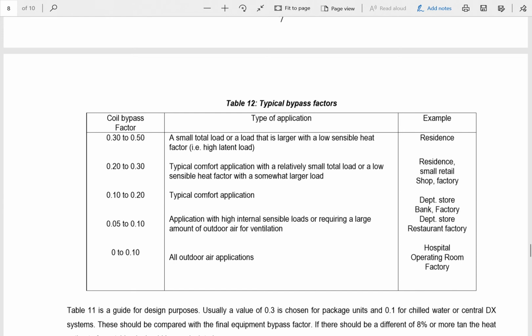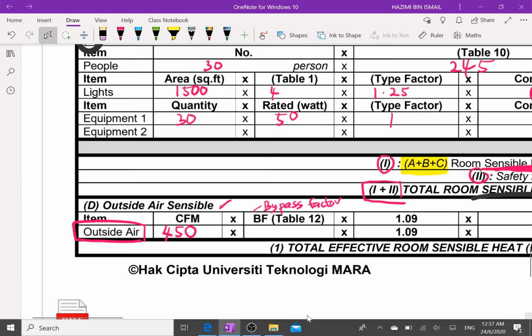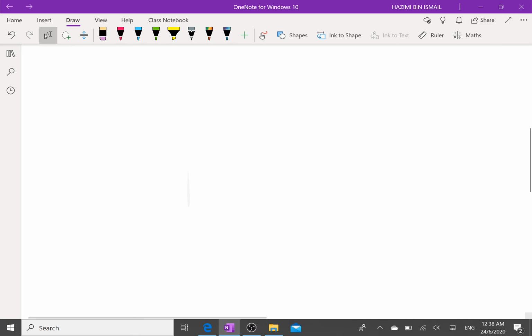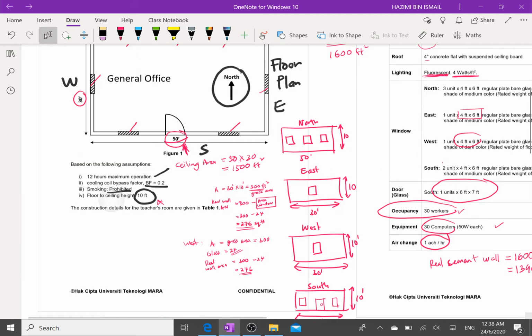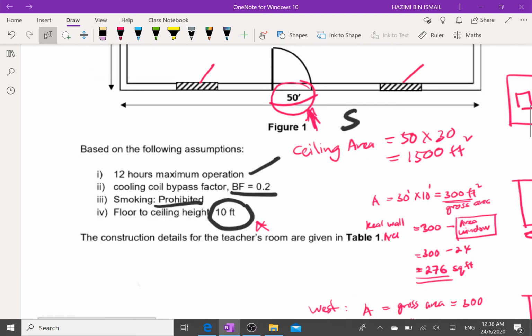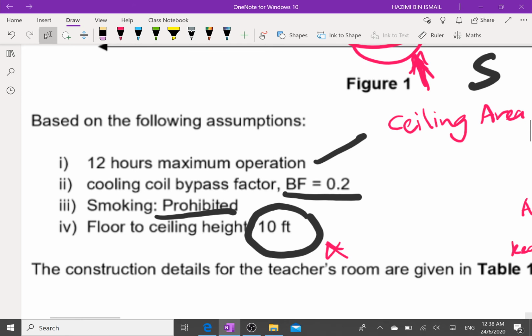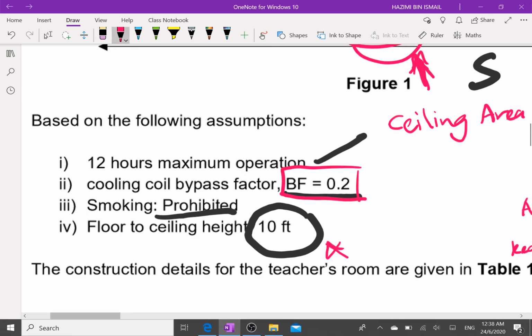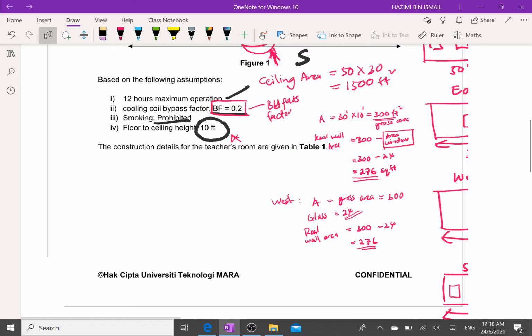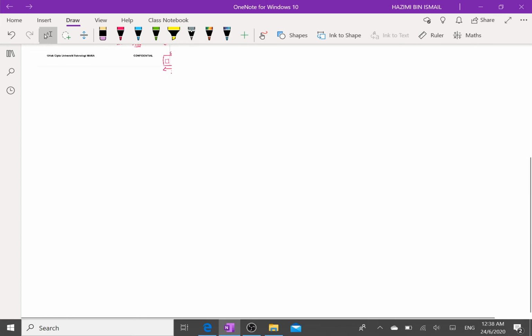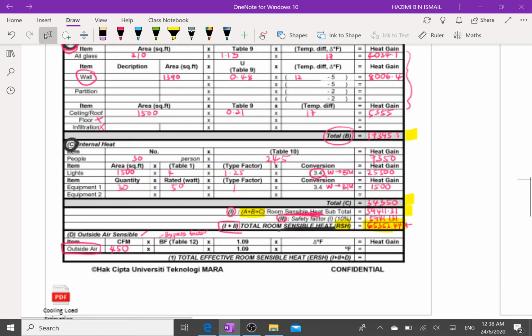But before that, make sure you check the building information first, whether the value of bypass factor is given or not. So in this problem we already have the BF value, 0.2. Put it into the form. Where is my form? Okay, 0.2.